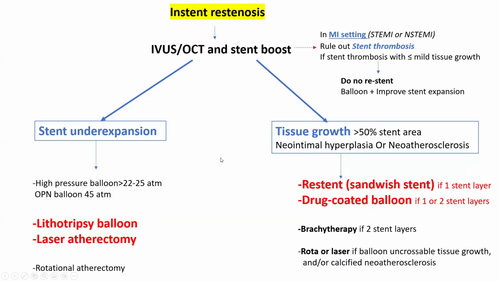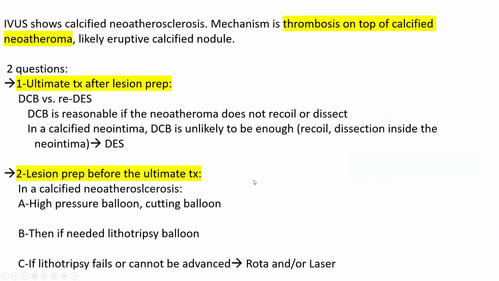So after defining the mechanism of MI in this patient, then we have to ask ourselves how to treat it. So this is a stent thrombosis on top of heavy, calcified neoatherosclerosis. The eventual treatment will be DCB versus re-DES. In this patient with heavily calcified neoatheroma, DCB is unlikely to be enough.